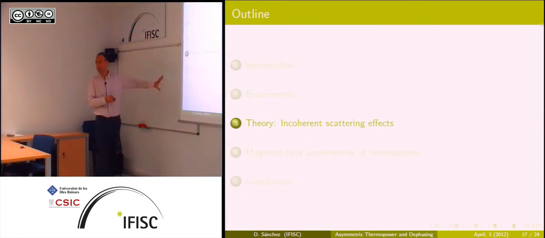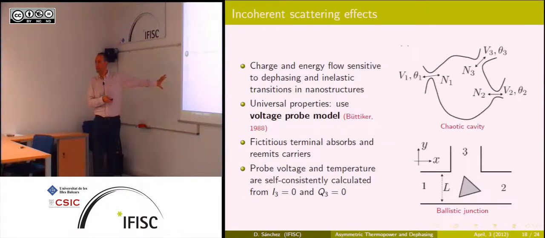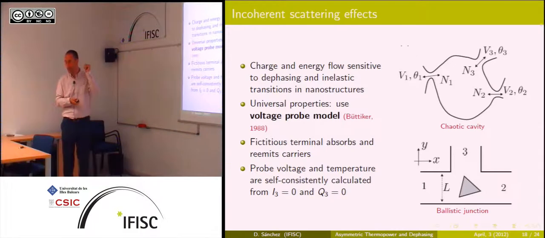Okay, so that was the experiment. Now I would like to tell you a little bit about the theoretical work. In the previous experiment, I said nothing about inelastic or dephasing effects, because I said all inelasticity, all dephasing, everything happens just very far away from the conductor, from the nanodevices. It just takes place in the reservoirs.